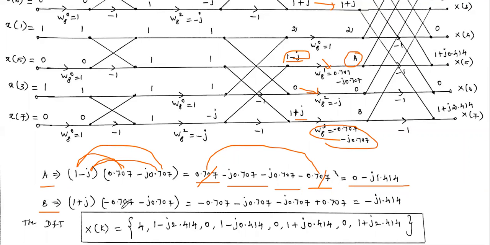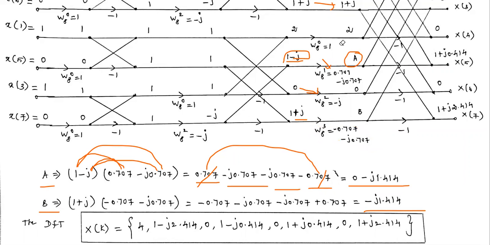So 1 plus j multiplied with minus 0.707 minus j 0.707. Similarly you just expand it, and we get the answer minus j 1.414. So in B also the same answer, minus j 1.414, as in A.